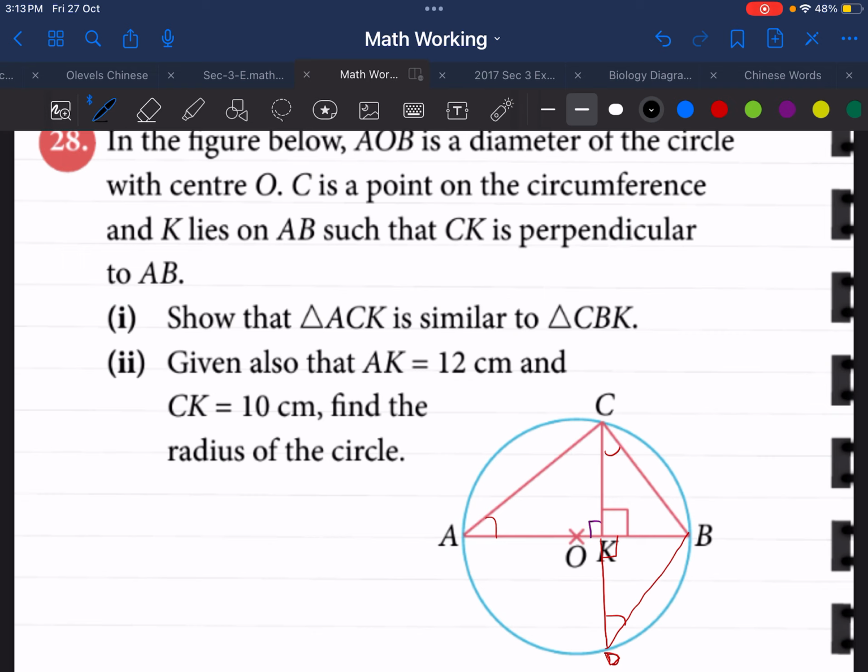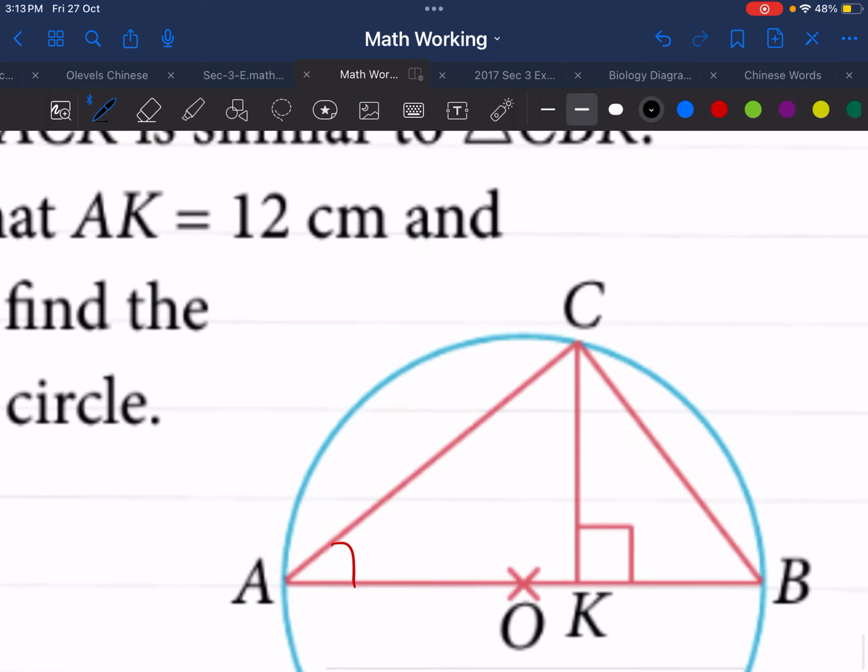Okay, we know all of these are similar, so we just label it: this equals this, and this equals this, and this is just 90 degrees.